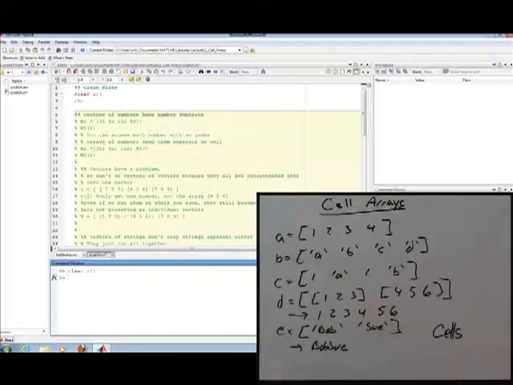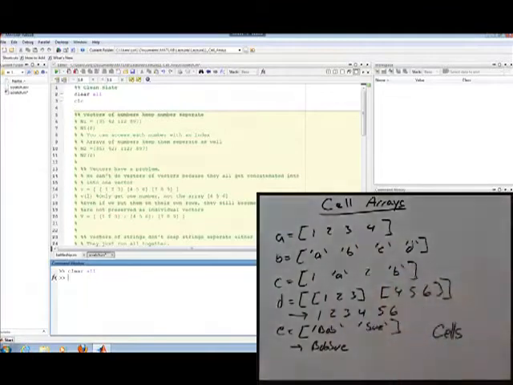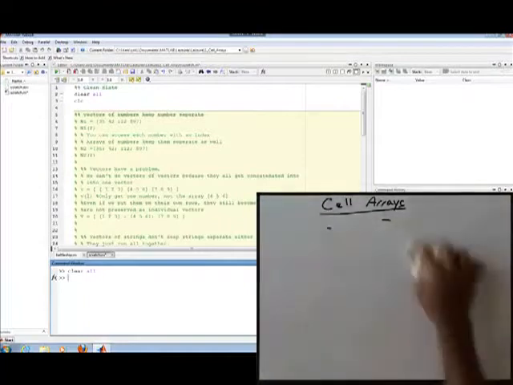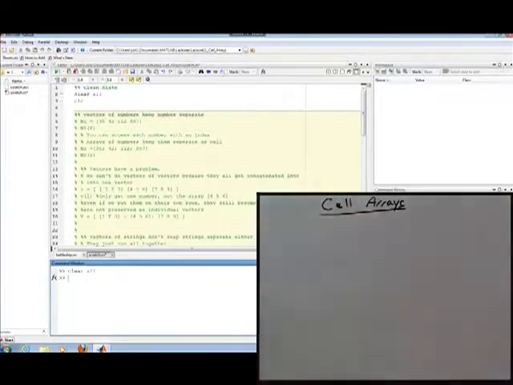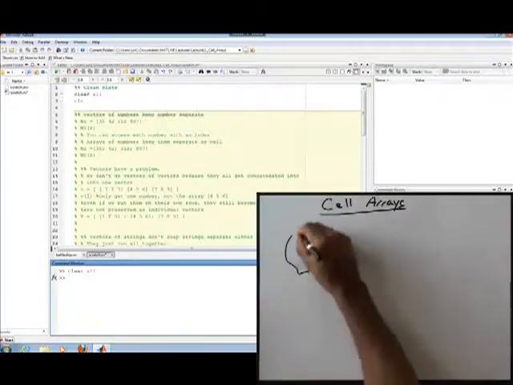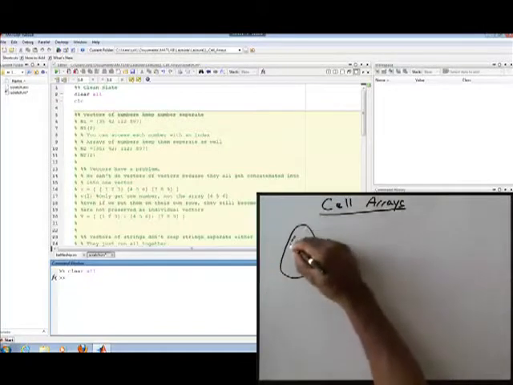Well, that's what cell arrays do. They allow us to package information inside of a vector into their own little individual packages. I always give the analogy of, if you had your backpack, and I can't draw a backpack, but let's just say it looks like this. It's a bad looking backpack. Let's say you had your backpack here with a little zipper.